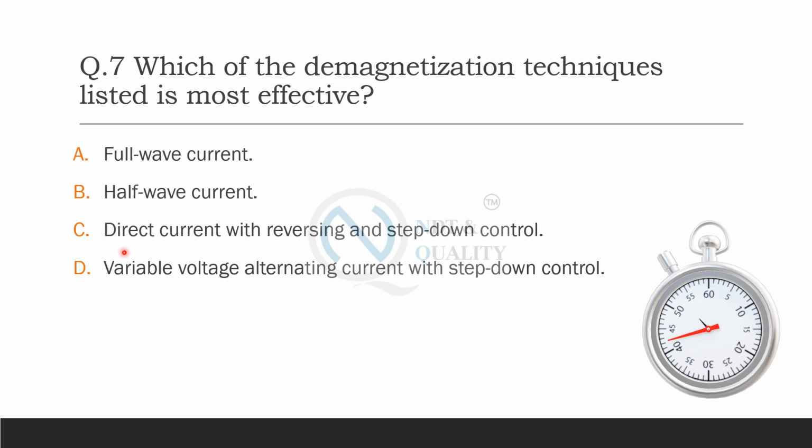Option C is the correct answer because direct current is mentioned. With direct current, we can demagnetize up to the subsurface with reversing and step down controls. So option C is the correct answer.